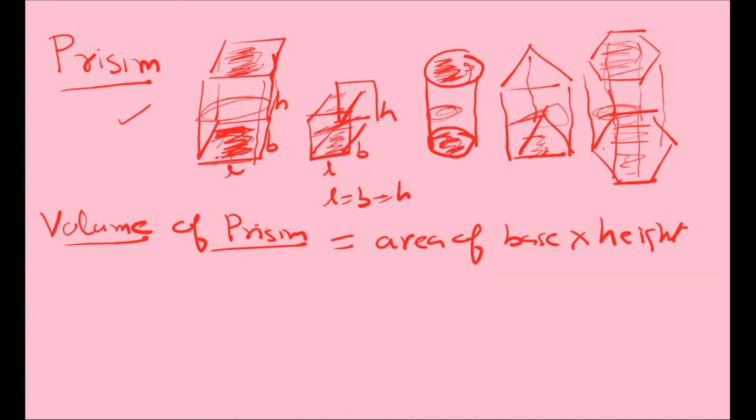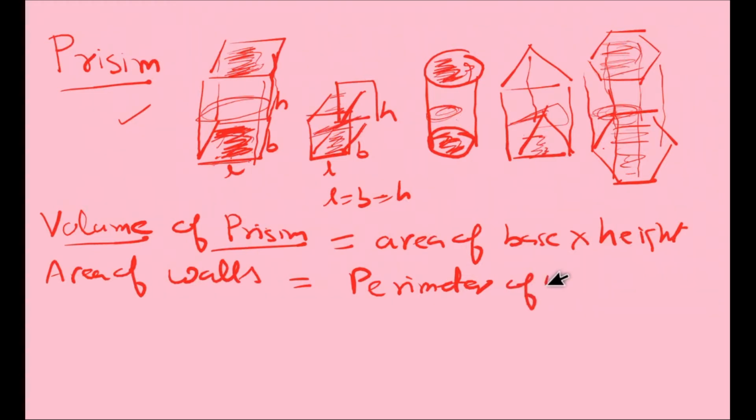I think you know what the walls are. And this one is the floor, this one is the roof, and these all are walls. So I am talking about the walls. Then area of walls, that is perimeter of base into height.